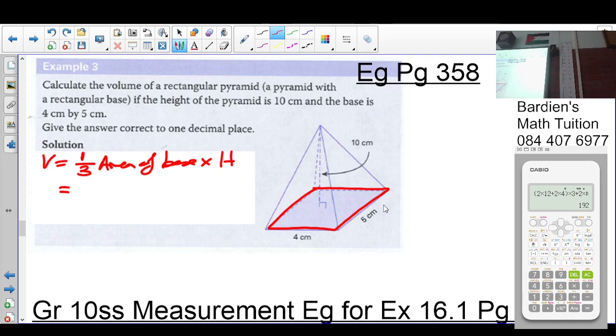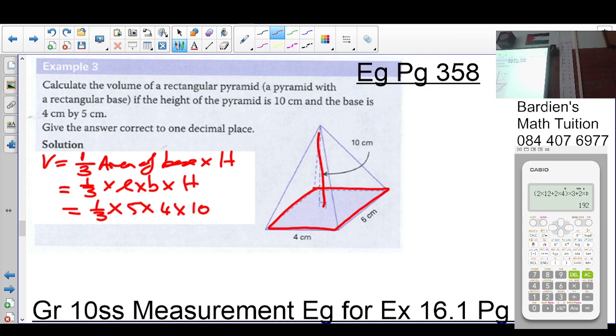So how do you calculate the area of this base? Length times breadth, times the height of this object. So you go a third. What's the length? 5, times the breadth, which is 4, times the height, which is 10.